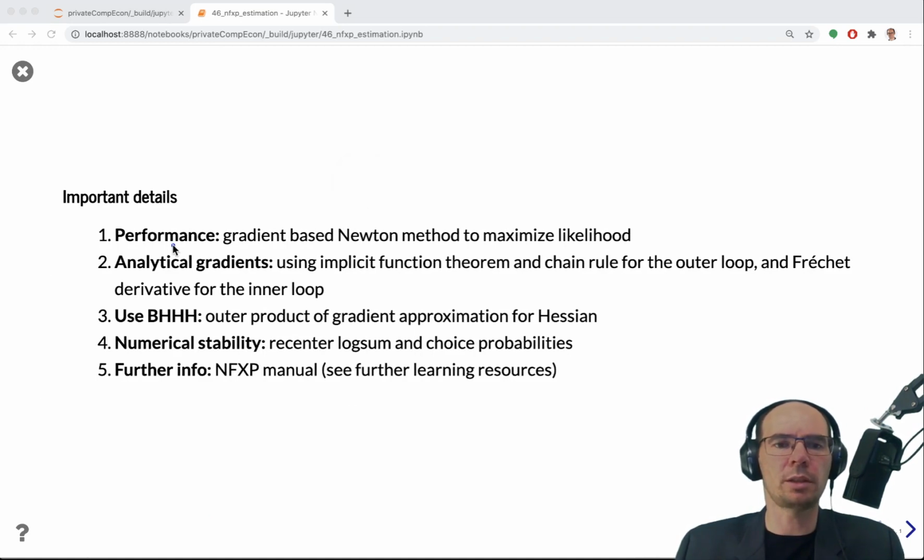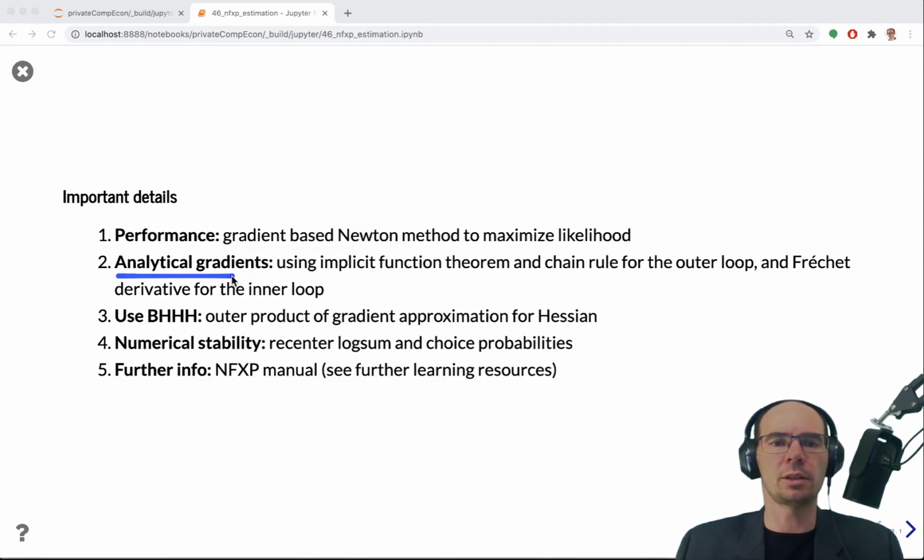Okay, some important details, some of which I've already noticed. Performance-wise, we really want to employ the gradient-based Newton-type maximizer for the likelihood. This is imperative because it's hard to calculate each evaluation of the likelihood. So we want to minimize the number of these evaluations by employing an efficient algorithm for the maximization itself.